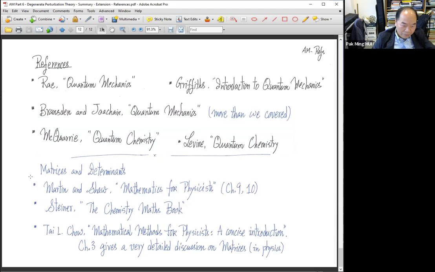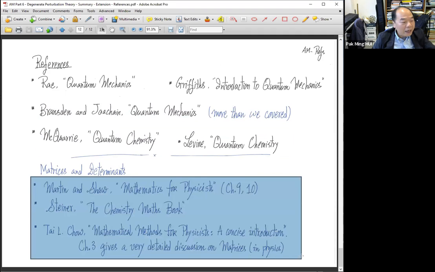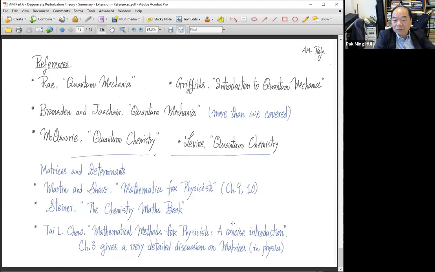I also list some mathematics survival books here in case you need to brush up your matrix and determinant mathematics. They are not complicated, only 10 pages, you know what you need, okay? So this ends this first module of approximation methods.